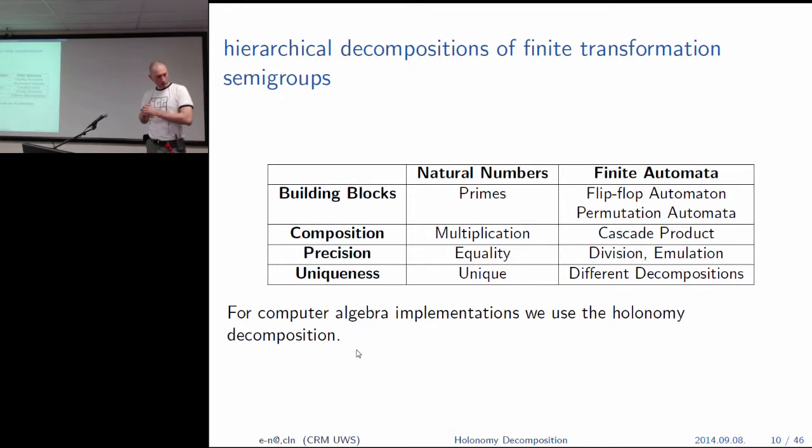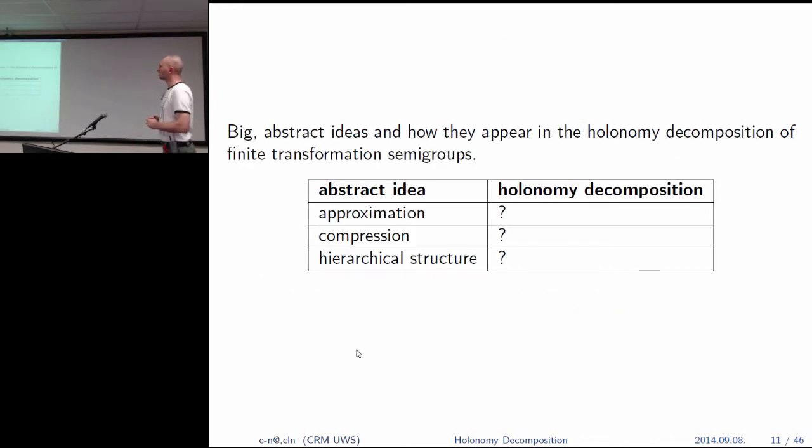Okay, so for computer algebra implementations, we use the so-called Holonomy Decomposition that does this decomposition for finite state automata, and I'm going to talk about this method. Okay, and so this is quite a long story. For me, it took, let's say, 11 years to understand it, and I claim that probably I can now explain it within an hour.